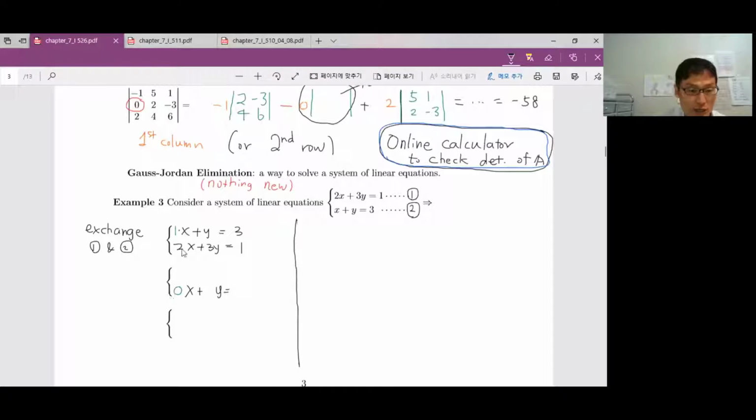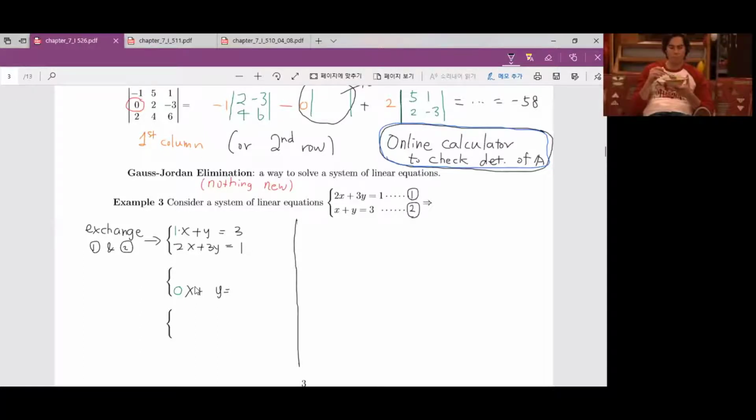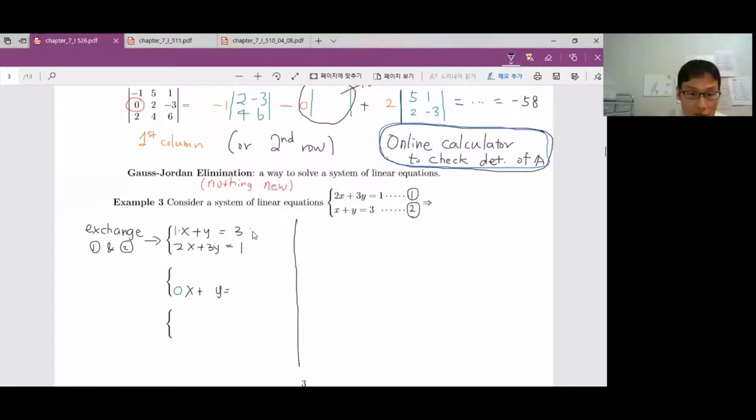How we eliminate this x? I'm waiting. We could multiply the first equation by some coefficient and then add it to the second. Very good. So let me call this 1 prime and then 2 prime.